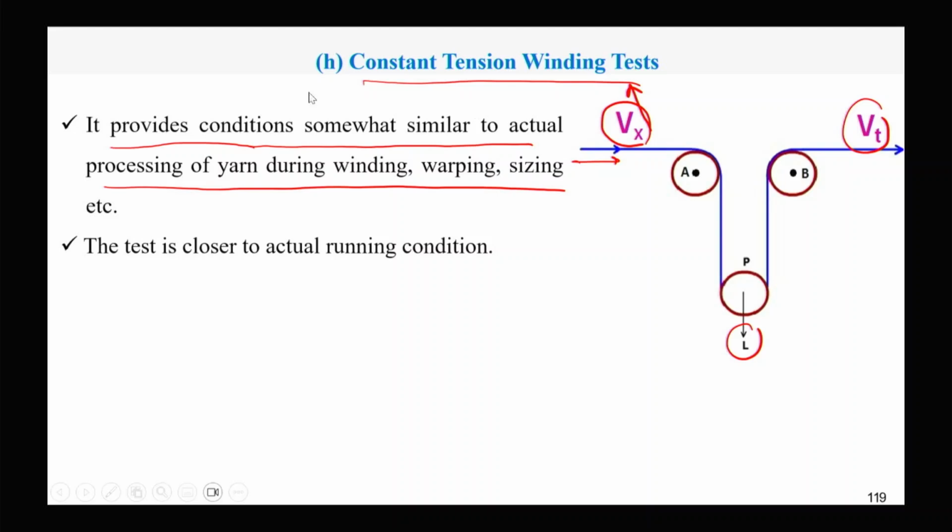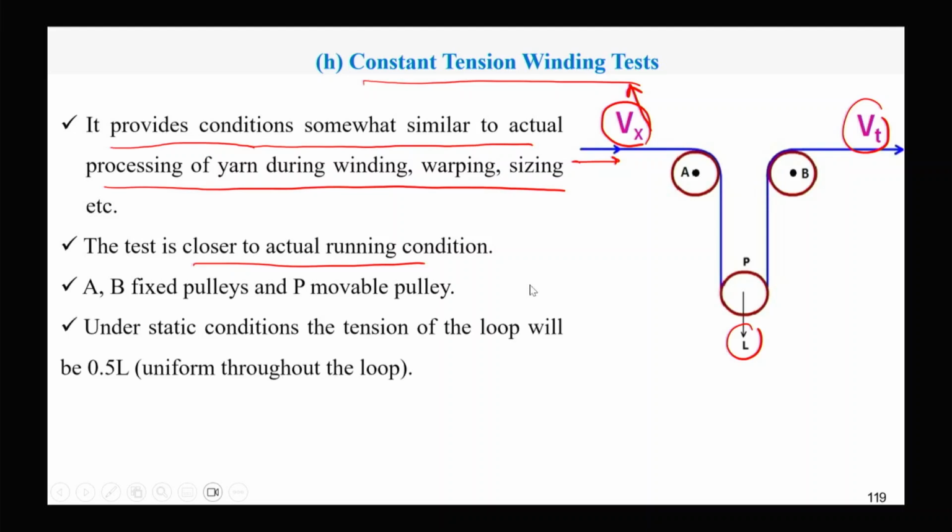So this system predicts the weak points also. So A and B are the fixed pulleys and P is the movable pulley which applies the load under static condition.